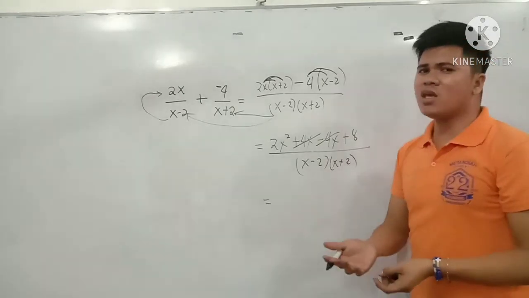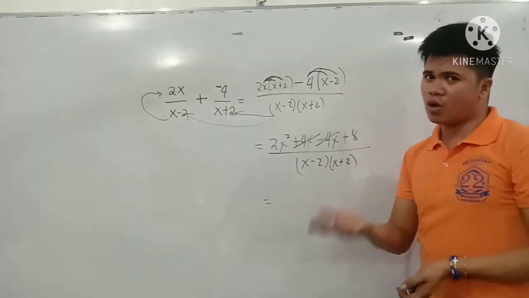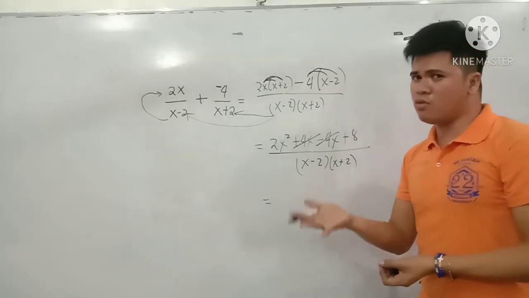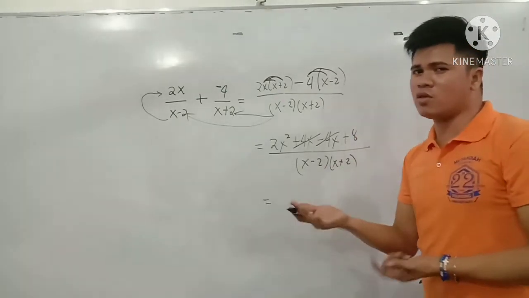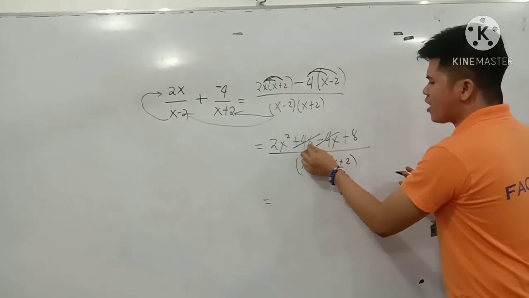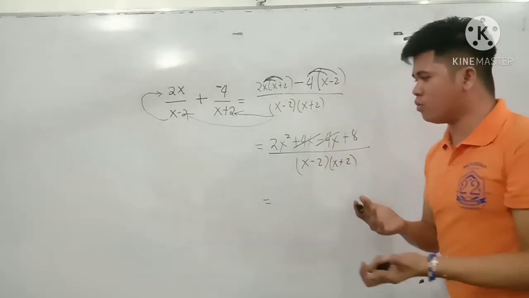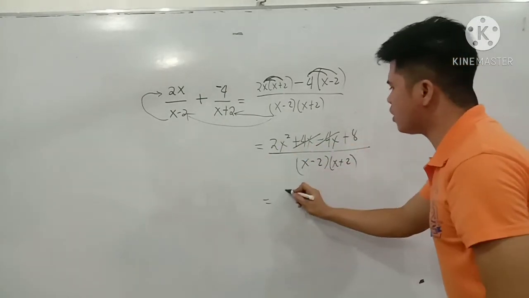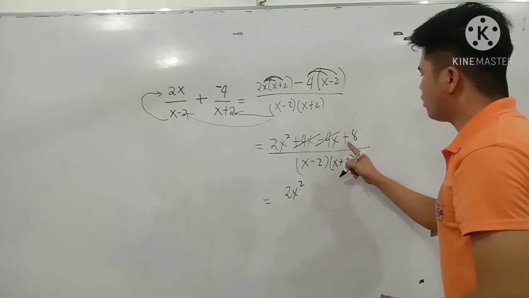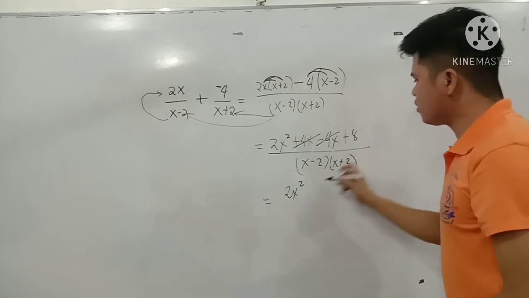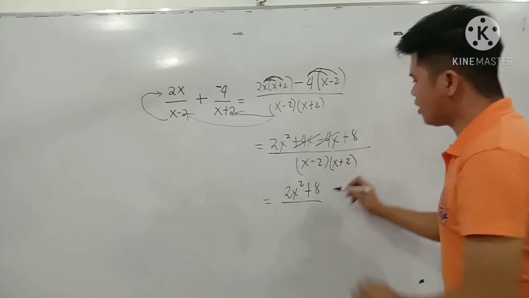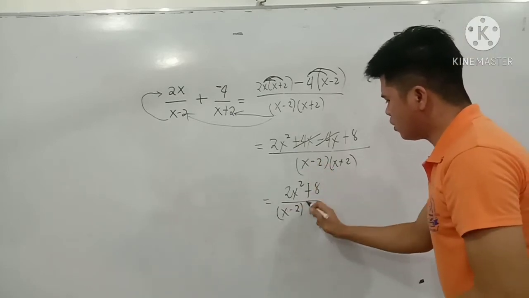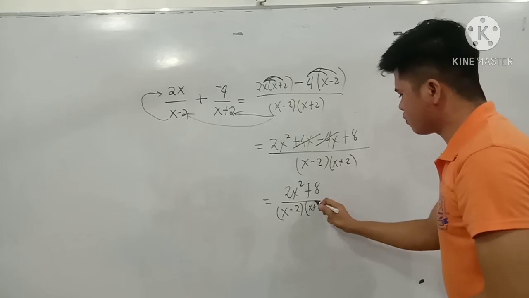In subtracting a number by itself, the result is always 0. For example, 1 minus 1 is 0. 2 minus 2 is 0. 3 minus 3 is 0. So that means 4x minus 4x is also 0. That's why we cancel this one. So the remaining terms is simply 2x squared, then the constant positive 8. And copy again the denominator x minus 2, then x plus 2.